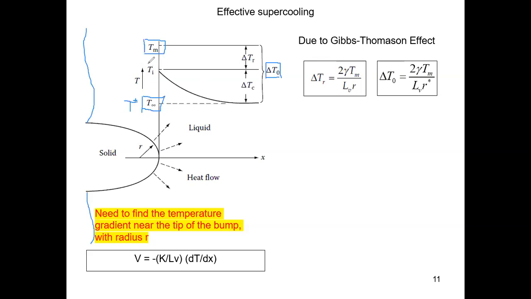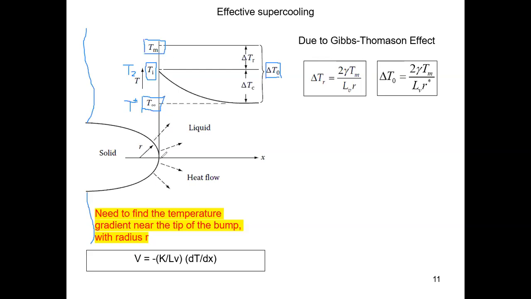Another important temperature is what I call Ti. In our previous language this is going to be our T2. This means that I have a particle with a particular radius r. In our case we have R2, right? This particle is going to have an effective melting temperature. This Ti represents the interface; it's the effective melting temperature at the tip of this interface. Why is this temperature lower than Tm?